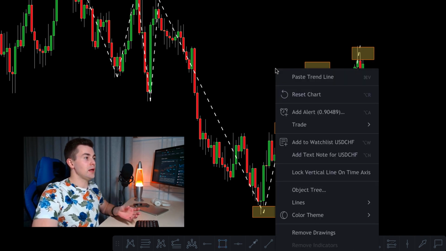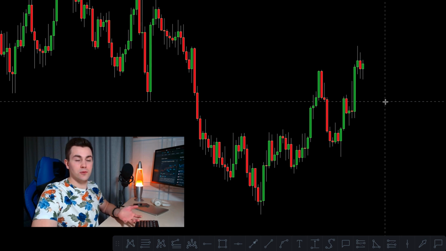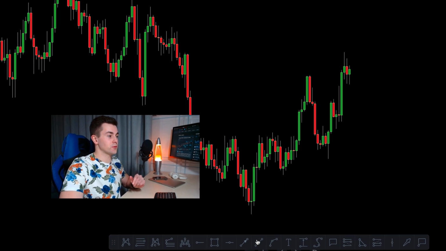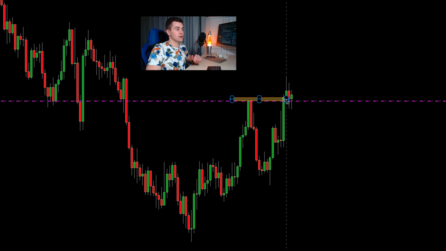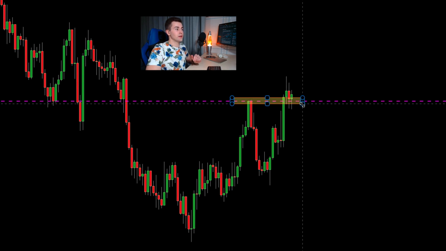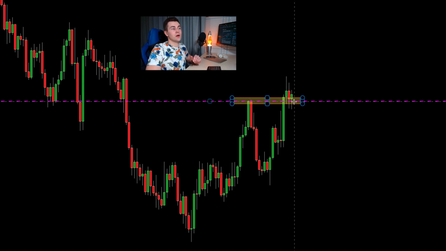And the next task is to analyze the structure levels. Yes, look for the structures. And over here, I want to focus your attention on that level. Why is this level that important for us? Because if we look left, we can see that first of all, right now the price is trading on that level, but moreover you can see how strong a bearish reaction we saw from that level in the past.